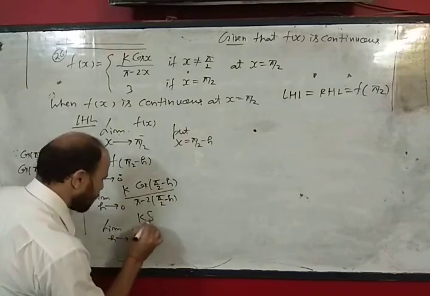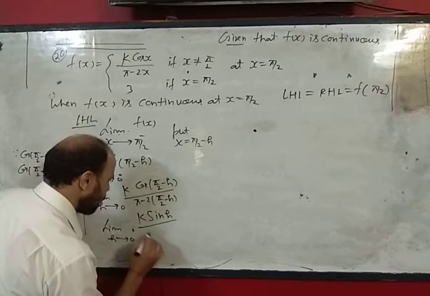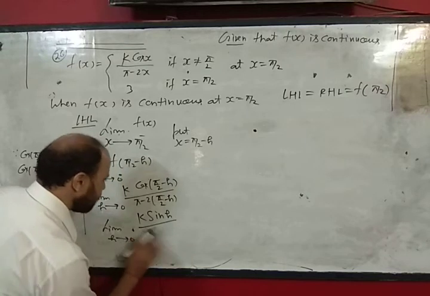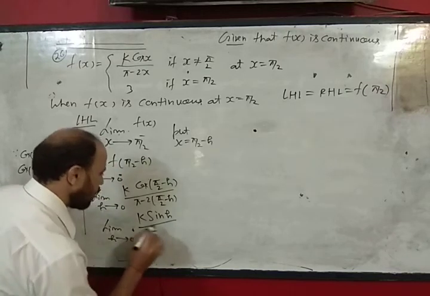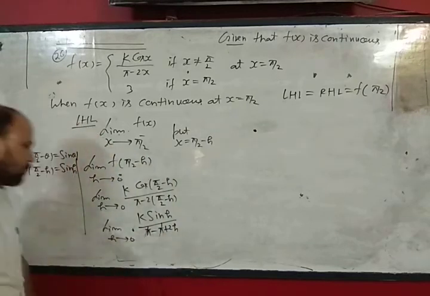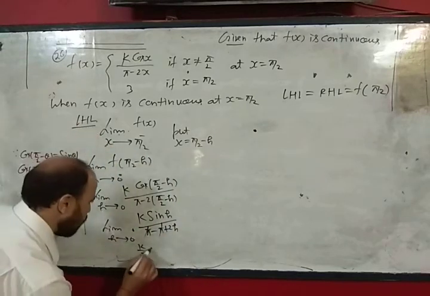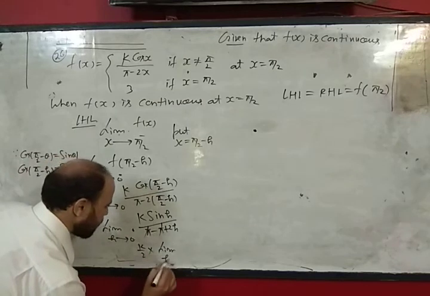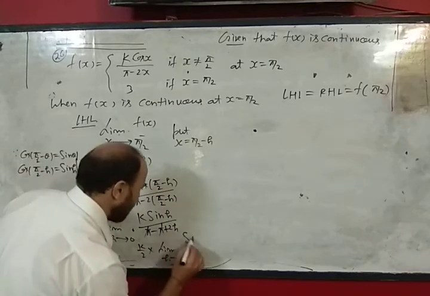Therefore k sin h upon pi minus pi plus 2h. Cancel this pi. K upon 2 into limit h tends to 0 sin h upon h.